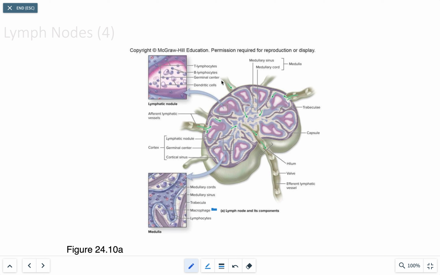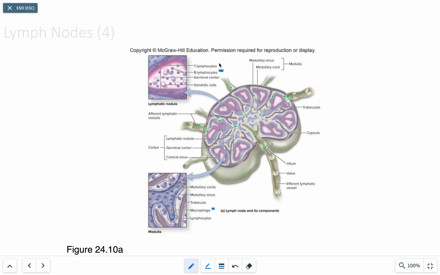When we look at the lymphatic nodule here, we see that inside of these germinal centers, we mostly have the B lymphocytes or any type of the macrophages.